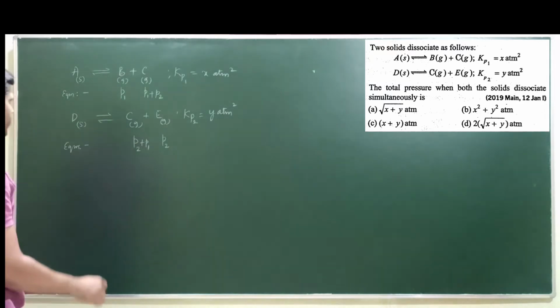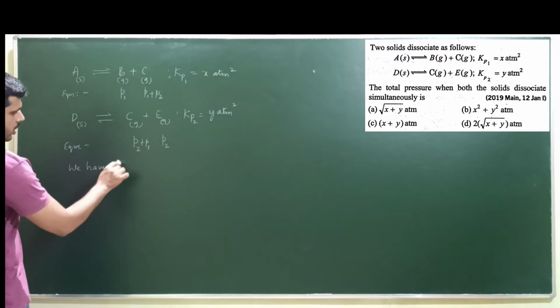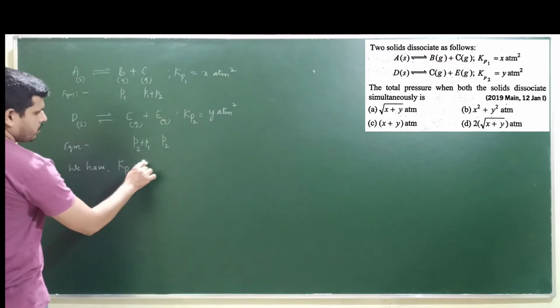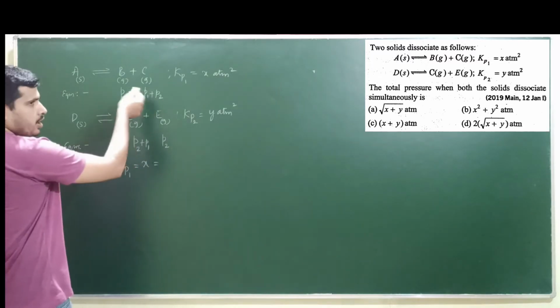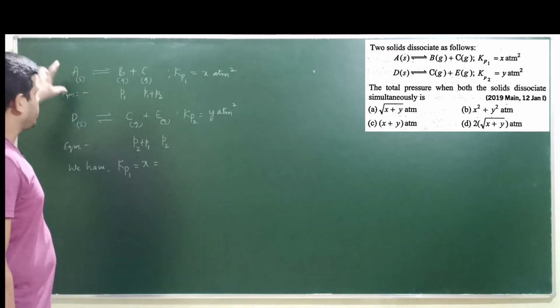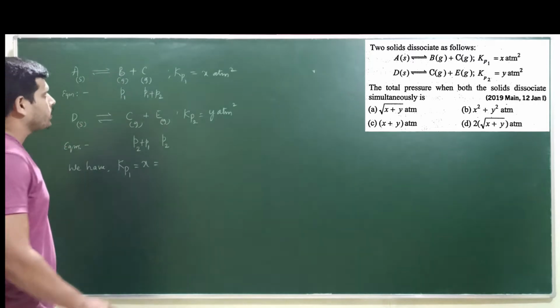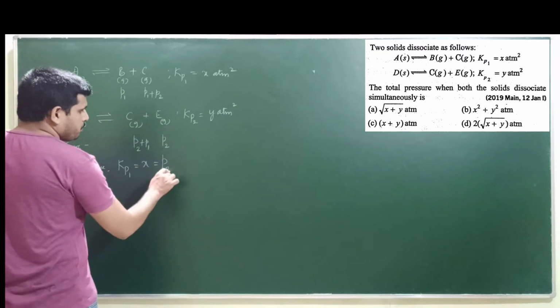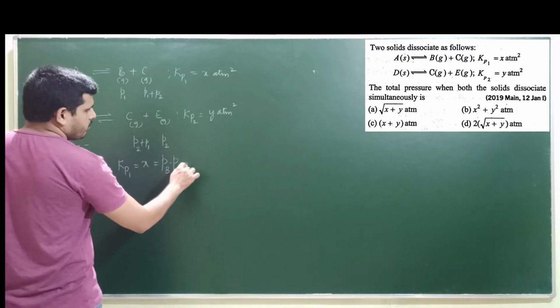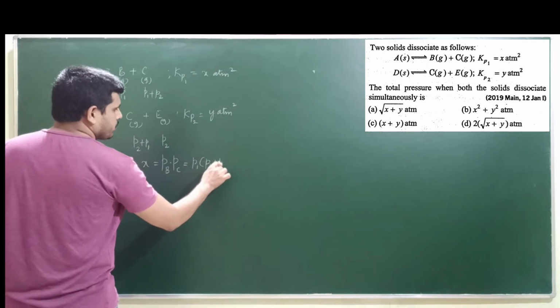Now you write the individual reactions. We have Kp1, that is equal to X, which is equal to what? The product of partial pressures of products by reactant. The reactant is solid, so it won't contribute. Only the product of partial pressures of B and C. Pb into Pc, which is equal to P1 into P1 plus P2.